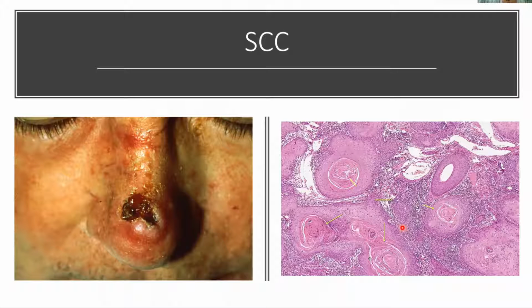Here we can see keratin pearls, a lot of keratin pearls. So we have evidence of squamous differentiation. So this is a well differentiated squamous cell carcinoma. Why do we say it is carcinoma? Because these malignant cells already infiltrate the stroma, meaning they have already disrupted the basement membrane.